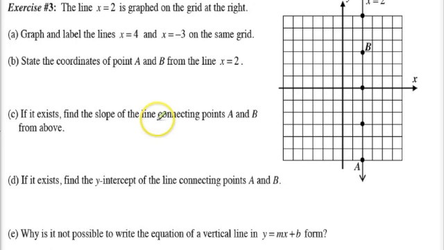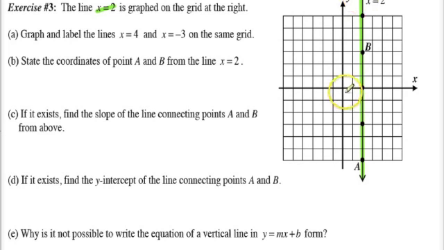All right, exercise 3. The line x equals 2 is graphed here. There, highlight. Graph and label lines x equals 4 and x equals -3. All right, so let's just take a look here. X equals 2.